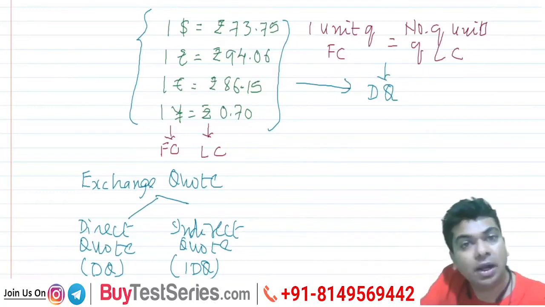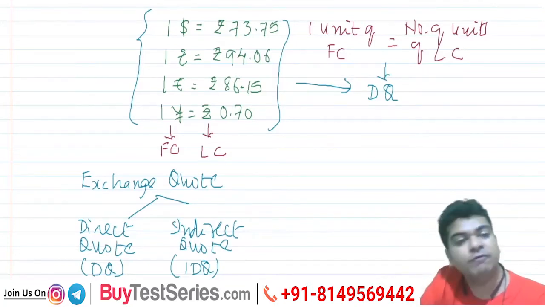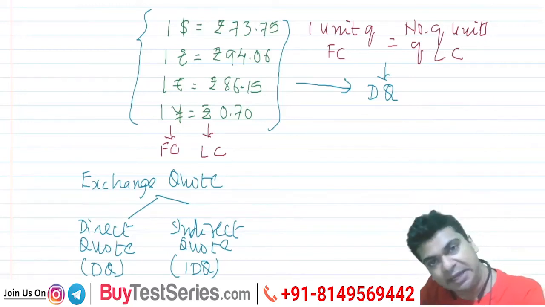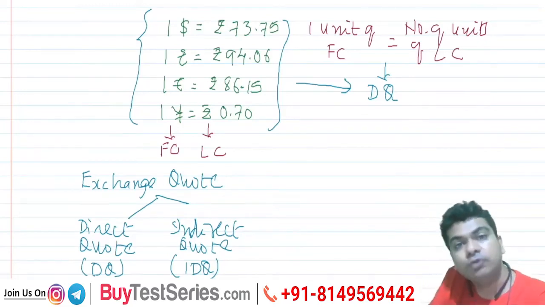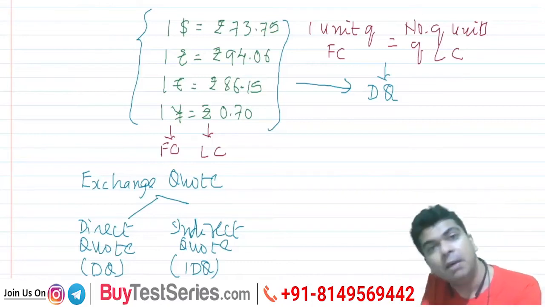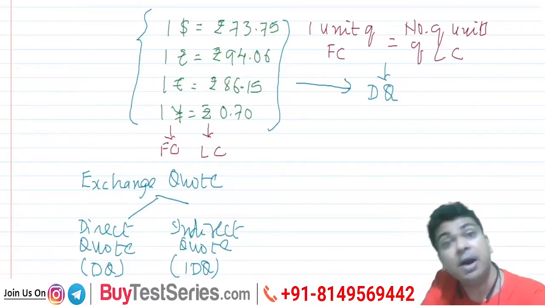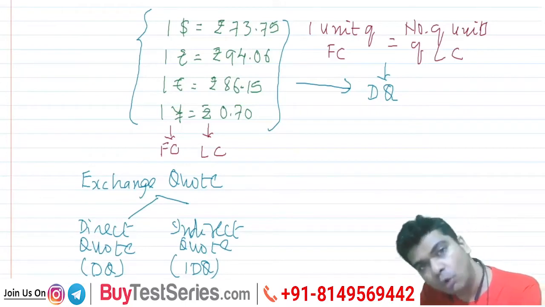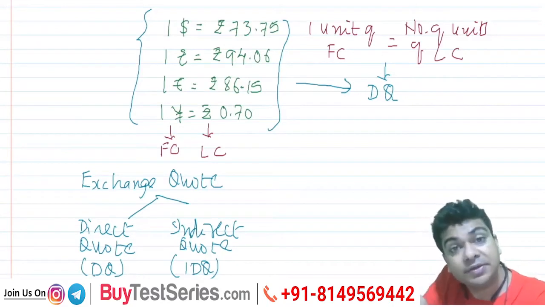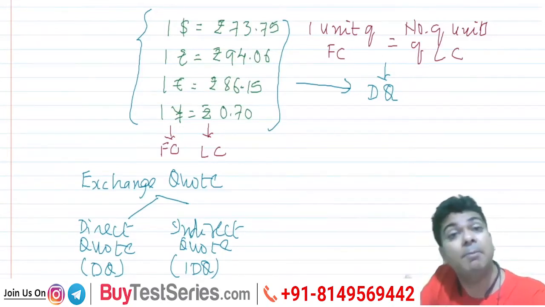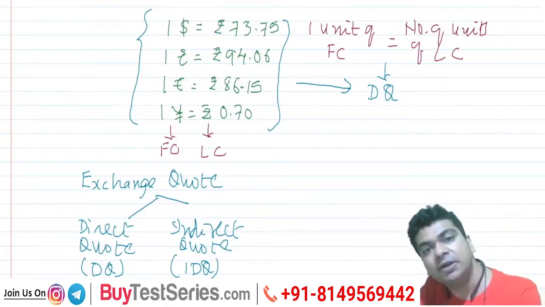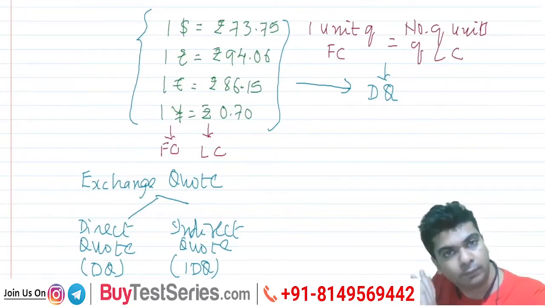In India, the local currency is rupee. So if you look at these quotations, they are basically representing number of units of local currency. As you can see, number of units of Indian rupee per 1 unit of dollar, per 1 unit of pound, euro, yen. So we are expressing number of units of local currency, which is Indian rupee, per 1 unit of foreign currency. And that's the reason we will refer them as a direct quote.